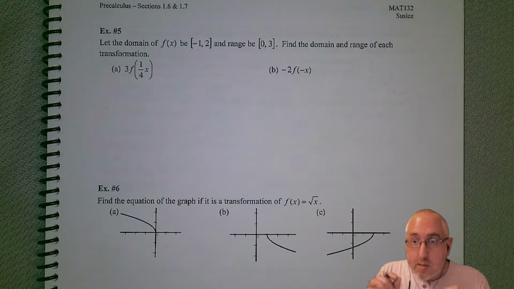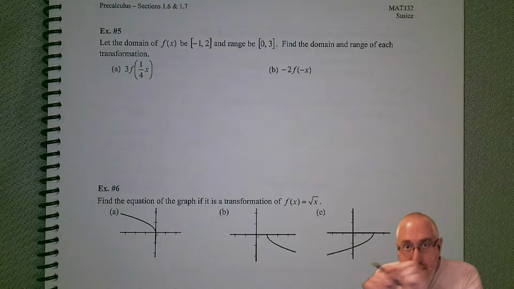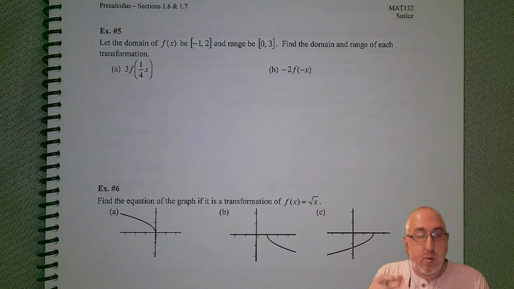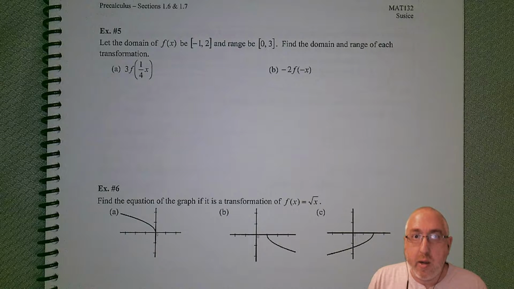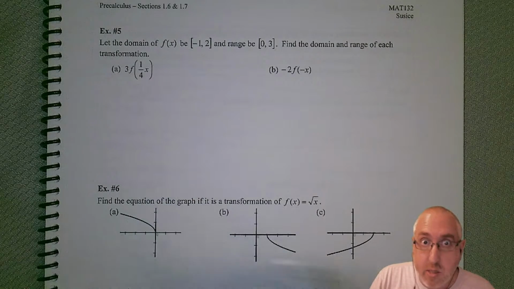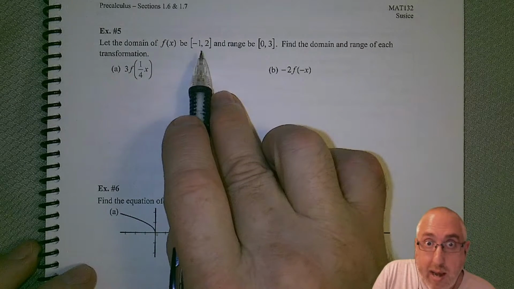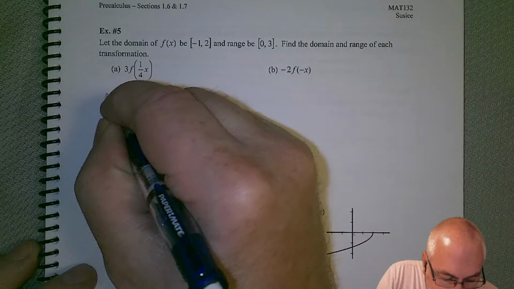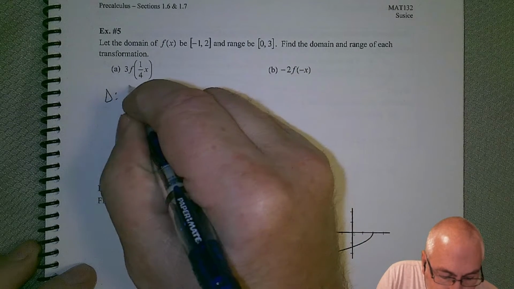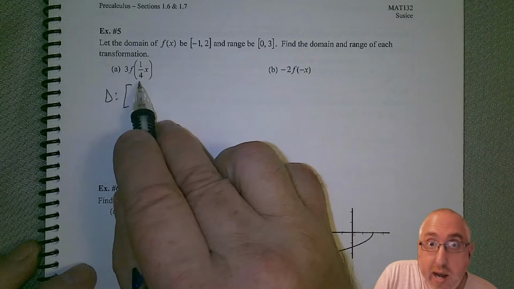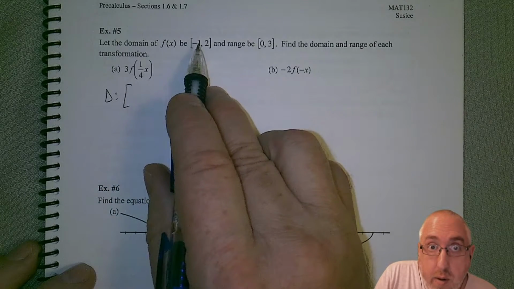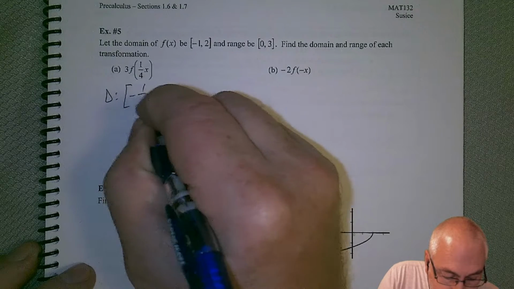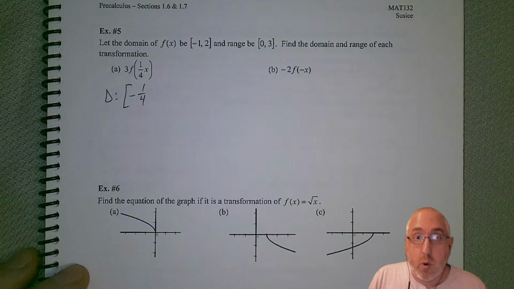Now again, we're not saying that this value of x maps to this value of y. We don't know that. We're just saying what happens to the overall domain and overall range. So let's see what happens. This is what we had originally, and now what does that 1/4 do to it? So the domain should be, if we take 1/4 of -1, then obviously we're going to get -1/4.